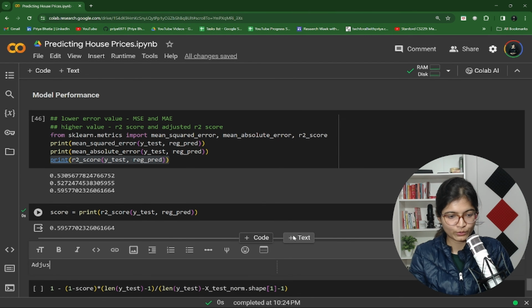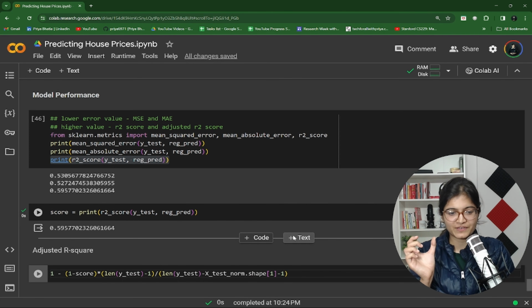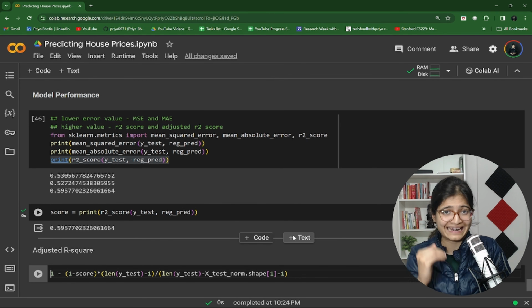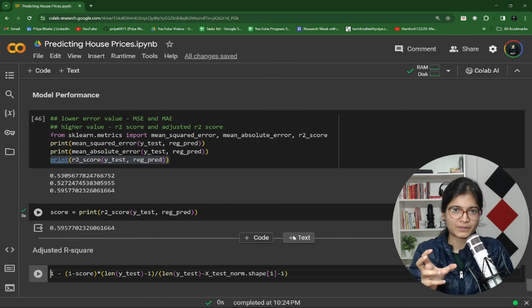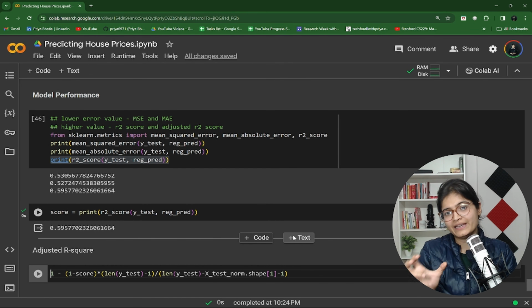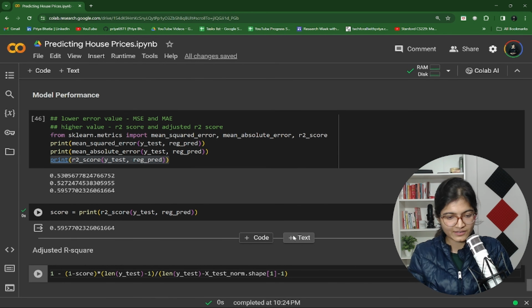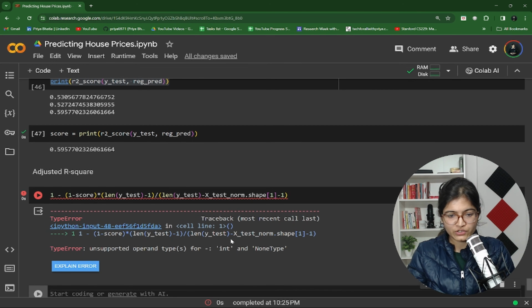This is the formula to calculate the adjusted R square, which I already referred to in my previous video. If there is anyone who is not aware of how we usually evaluate the adjusted R square, or what the difference is between R square and adjusted R square, please refer to the previous videos where I have conceptually illustrated all these things. It's just the implementation I am showing you.